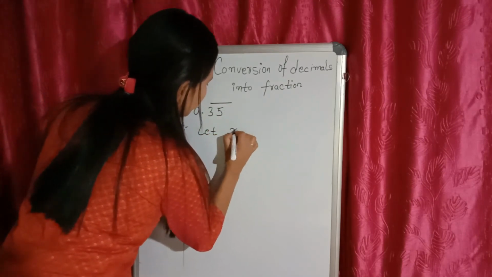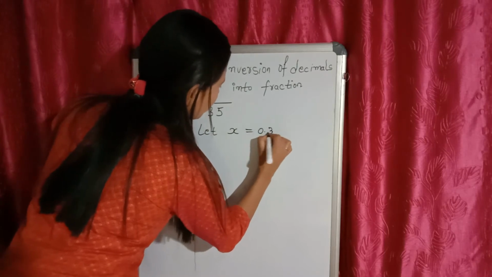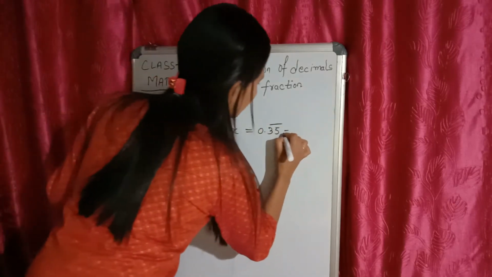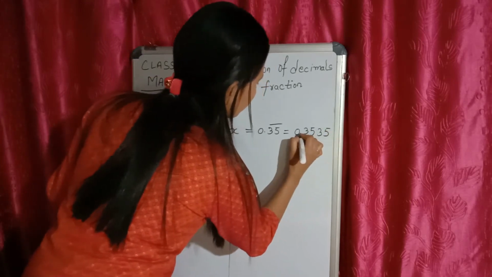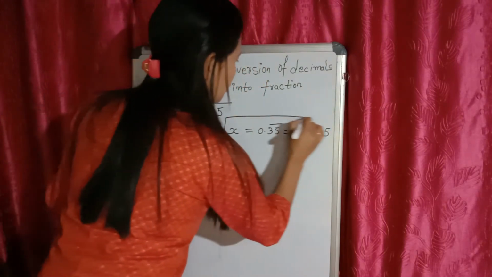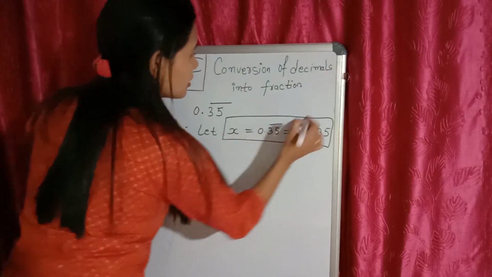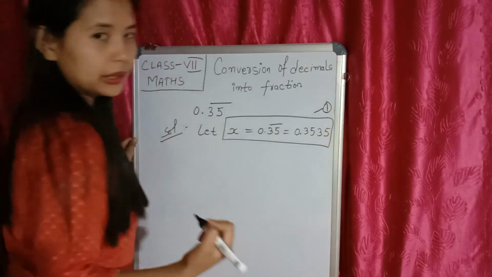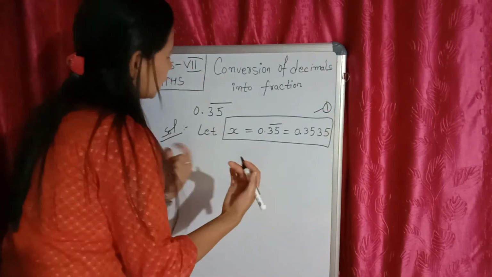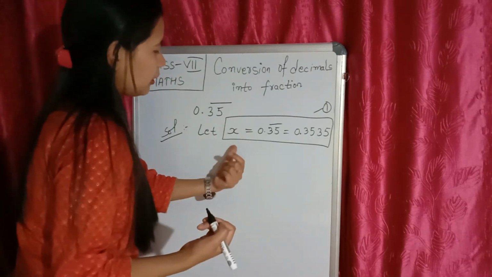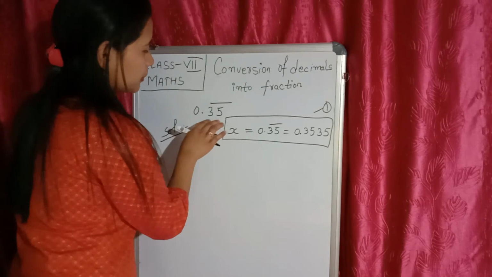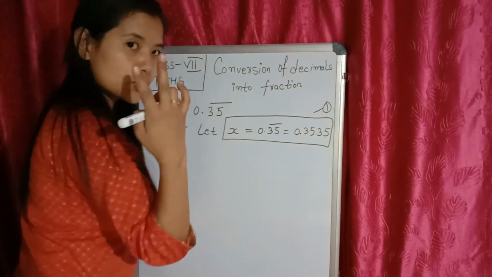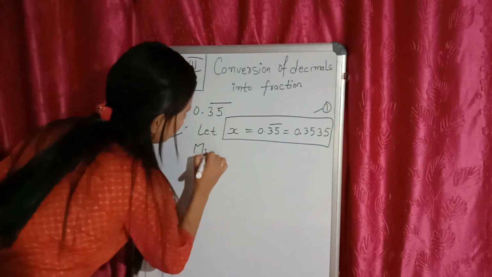So let x equal 0.35 bar, that is equal to 0.3535... Let us name this equation 1. As I said earlier, we should multiply this equation by 100 here. Why? Because the number of digits that is repeating is 2. So we multiply by 100.